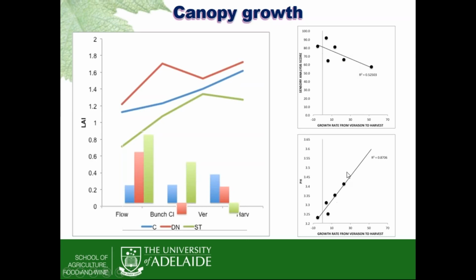Even better, when I correlated the same growth rate, so this one reported here, to the pH of the harvested grapes, you see how tight the relationship is. So the more your canopy grew in that period, veraison to harvest, the higher was the pH in the grapes. And these are just two of many other examples that I could have put together in this case.